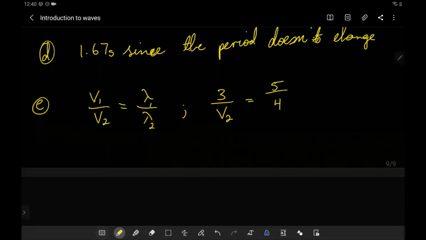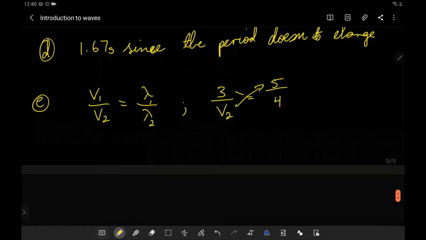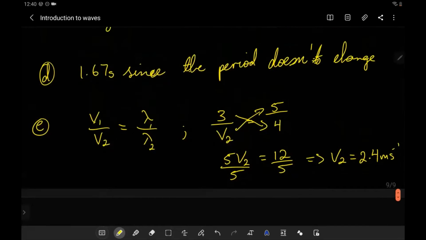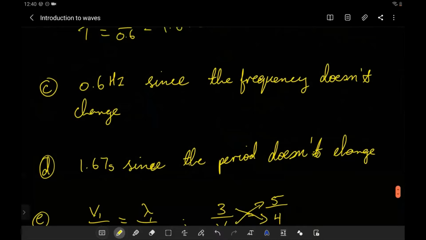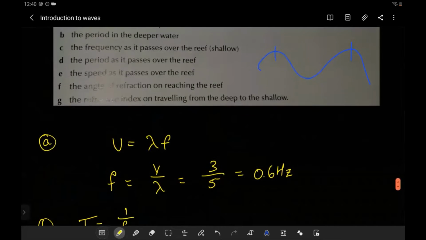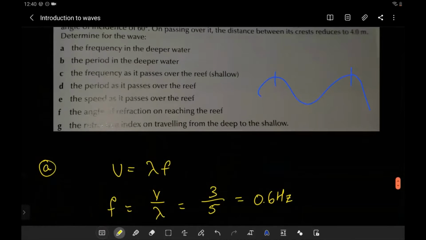Cross multiplying, we get 5 V2 is equal to 12, and dividing by 5 on both sides, we get V2 is equal to 2.4 meters per second. So that is the velocity in the shallow part, and as you can see, it is less than the velocity in the deep.